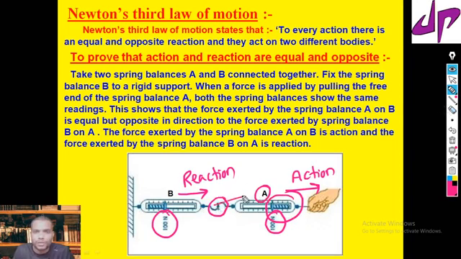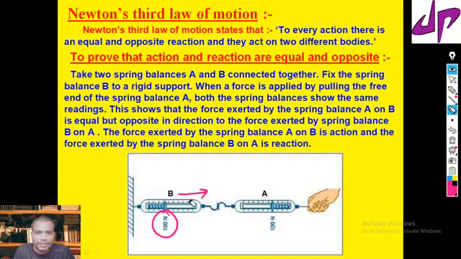If we draw arrow marks at the exact joint here, this is the applied force, and the joint applies a force in this direction. If we take this as action, this becomes reaction.